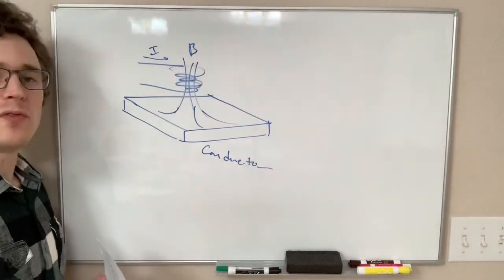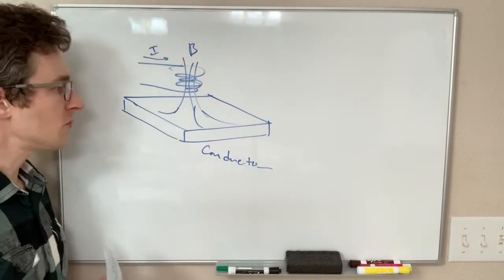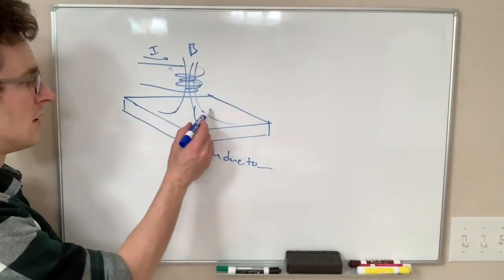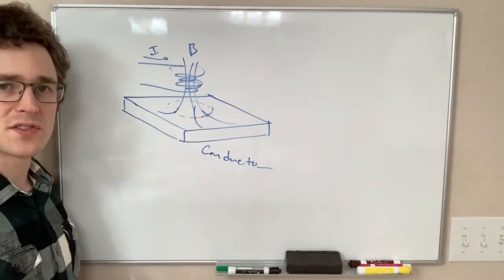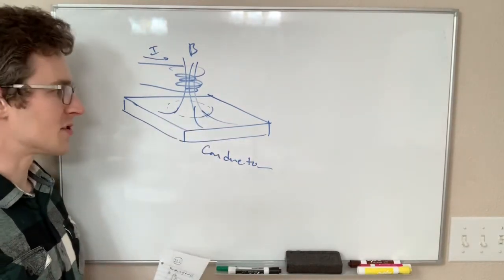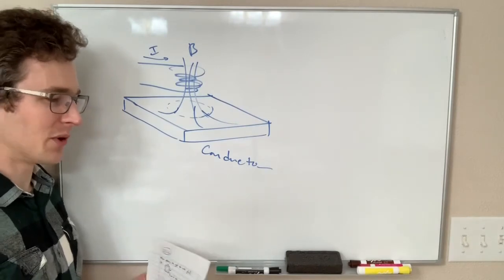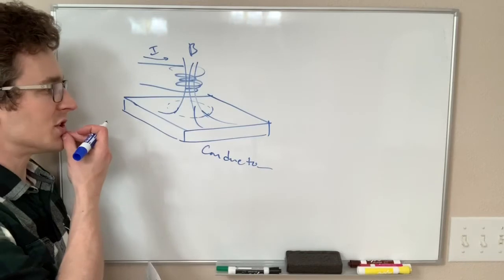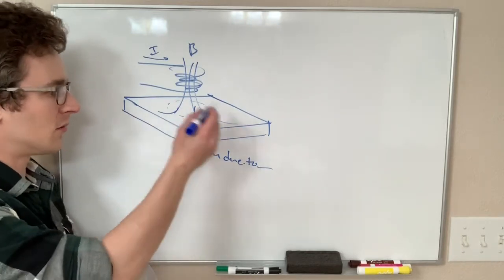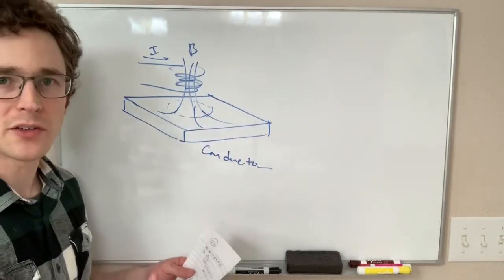Now, if our B field changes, we can imagine some little loop of our conductor is going to behave just the same as a wire in that place, right? A conductor is the same as a wire, it's just that we have more conductor there too. So if this magnetic field changes, we are going to induce a current just in this block of conductor.